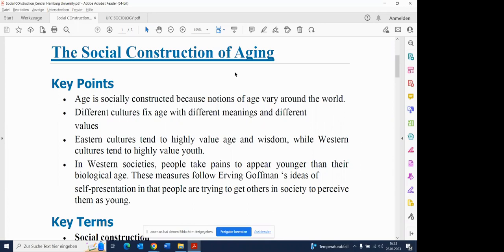In Western societies, people take pains to appear younger than their biological age. These measures follow Goffman's ideas, in that people are trying to get others in society to perceive them as young.